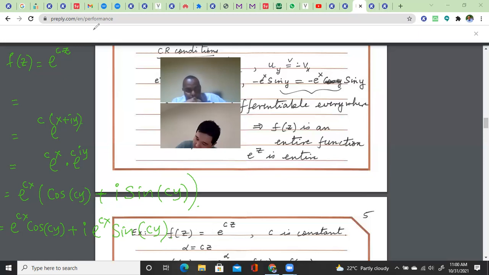And now we need to check for analyticity. Is this function analytic or not? So this is the U.